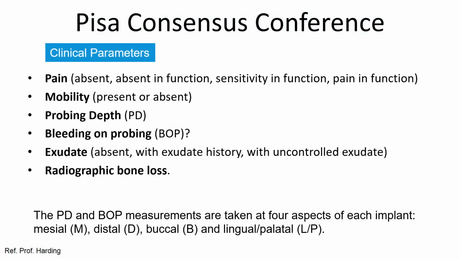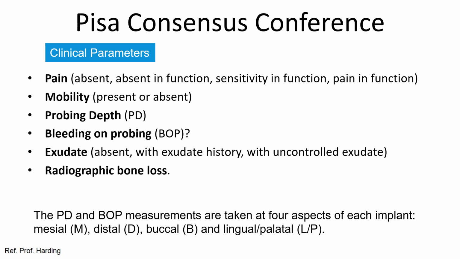More updated clinical parameters were published following the PISA consensus conference, and these parameters are perhaps more relevant in today's clinical environment, where we are immediately loading our implants. So we're looking at pain, and this can be the total absence, or just the absence of pain in function.